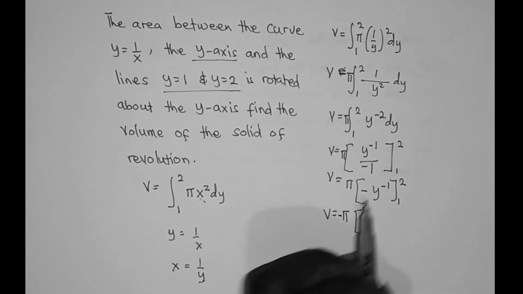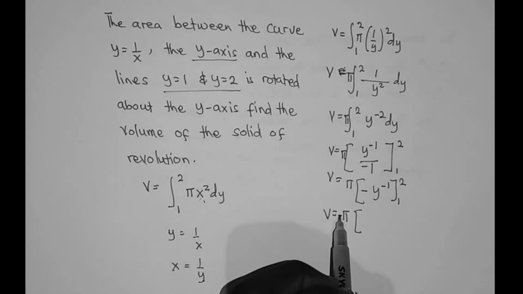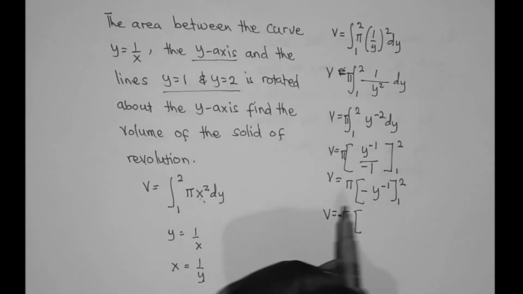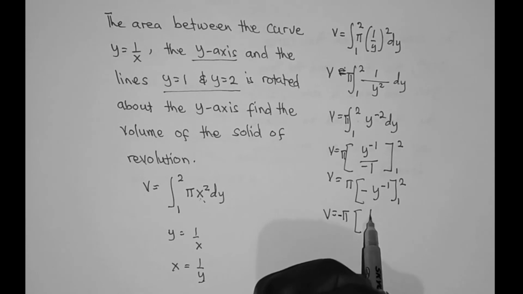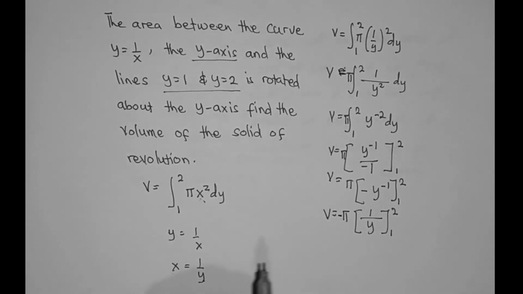Let me pull the minus out so that this becomes minus pi into brackets 1 divided by y, evaluated at 1 and 2. So the volume of the solid generated becomes minus pi.